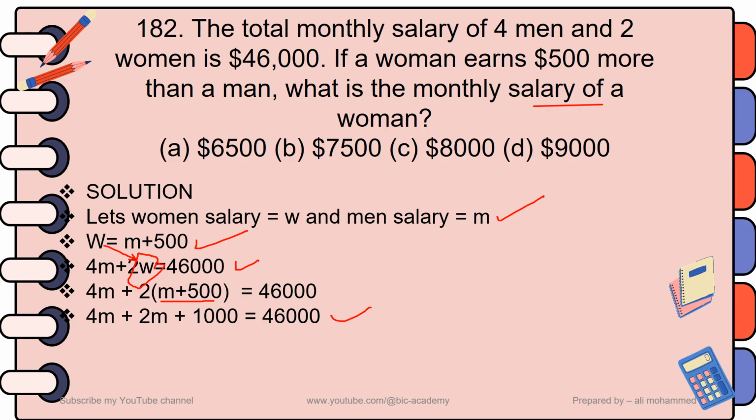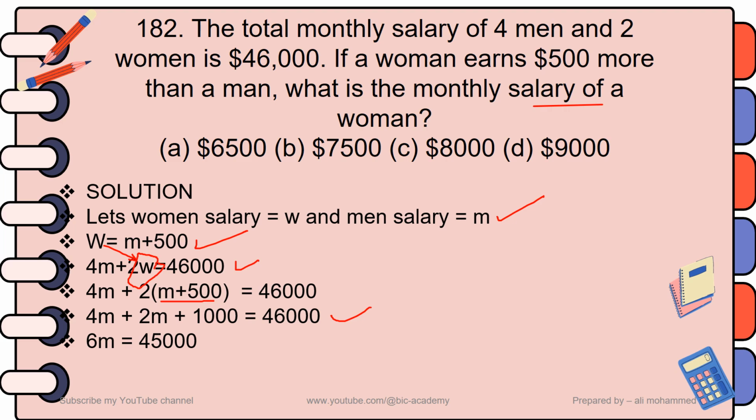Now let's group like terms together. So 4M + 2M is equal to 6M, and let us bring 1000 to the other side, and it becomes 46,000 minus 1000, which is equal to 45,000. So our next equation will be 6M = 45,000.